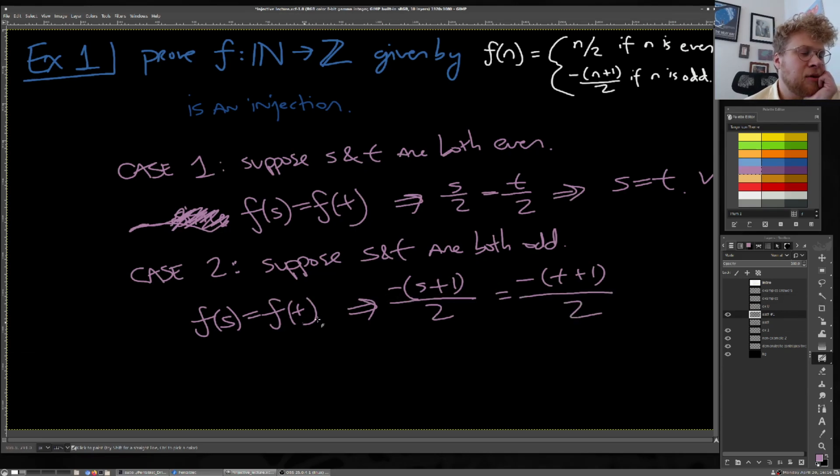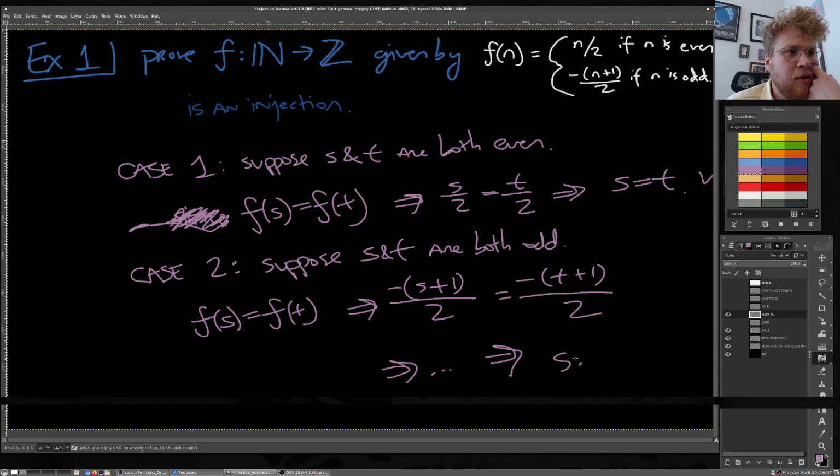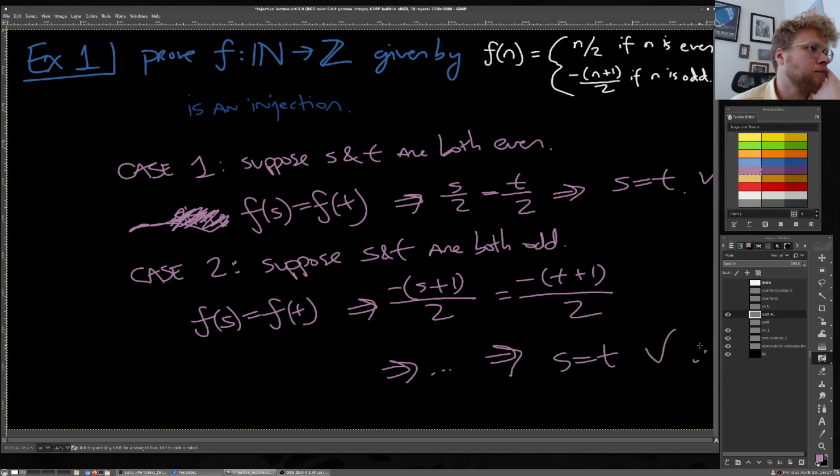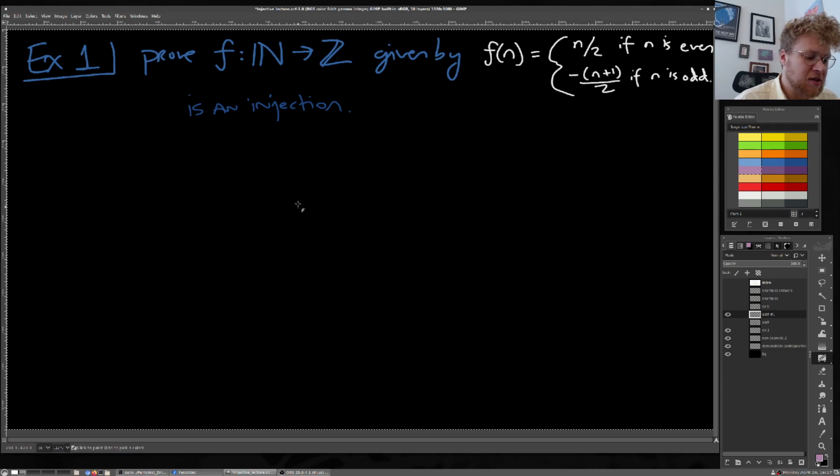So f of s equals f of t would mean that these two numbers are equal. Do standard operations, multiply both sides by 2, multiply both sides by -1, subtract 1 from both sides, and we end up with s equals t again. Cool. So what's next?